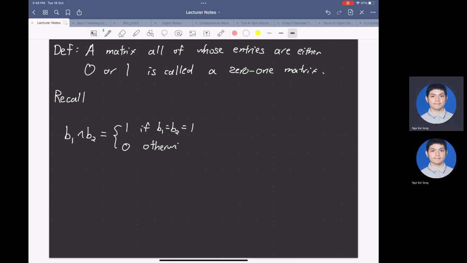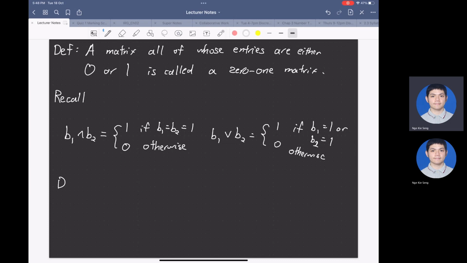How about OR? This is true if b1 is true or b2 is true, and false otherwise.